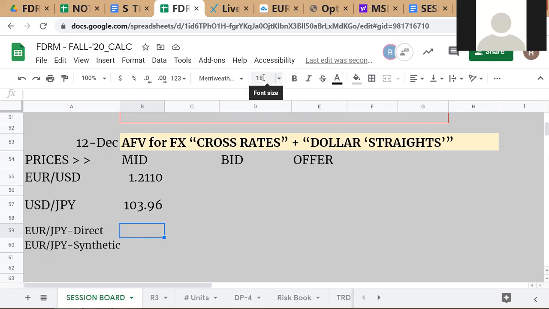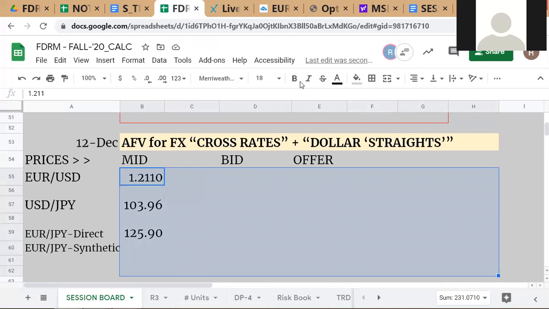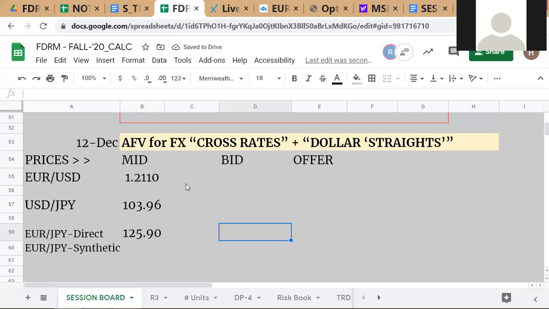Okay, so I'm just going to put down 125.90. This is not a percentage figure. Copy this here, and then the formatting remains. Okay, so this is what we see in the market. And as far as all the other things are concerned, we will make sure that everything is center aligned. It looks better. Okay, so these are the prices that we see.